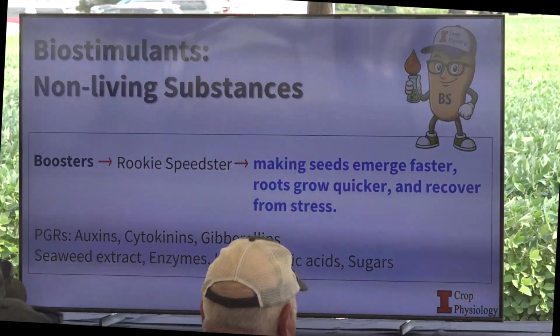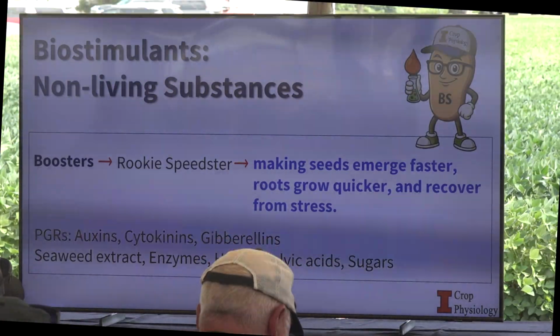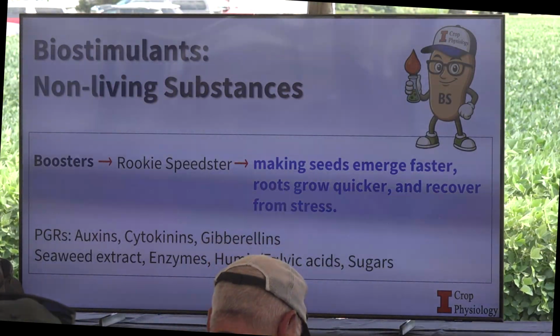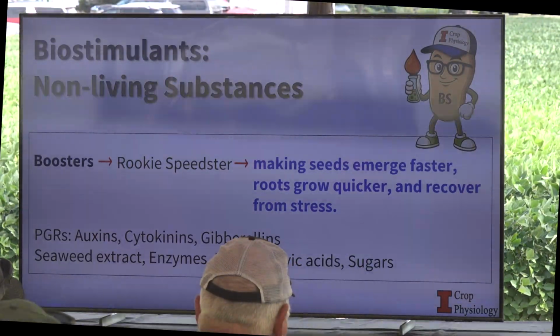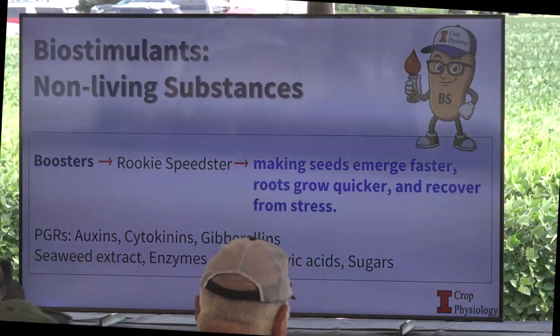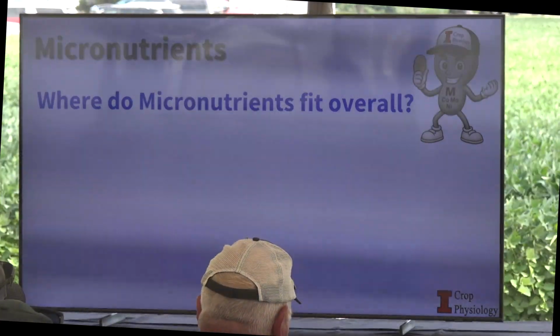And here we have a lot of options already, a lot of groups. We have the PGRs, seaweed extracts, some enzymes, humic and fulvic acids. So these are the boosters, the non-living substances.